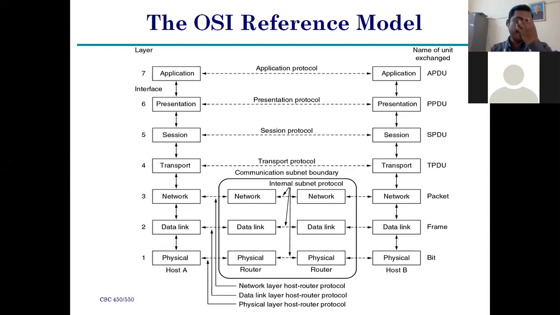For the connectionless protocol, there is UDP. So by using either one, we can transmit the data from source to destination, between the nodes or within the network. That is our intention.